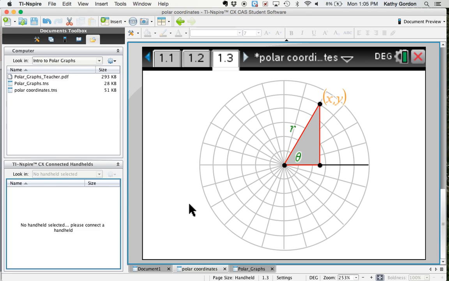So if I had not told you anything about polar coordinates yet, and the very first thing I showed you in this lesson was this screen, tell me what you already know about this screen. With the right triangle. Okay? States the obvious.